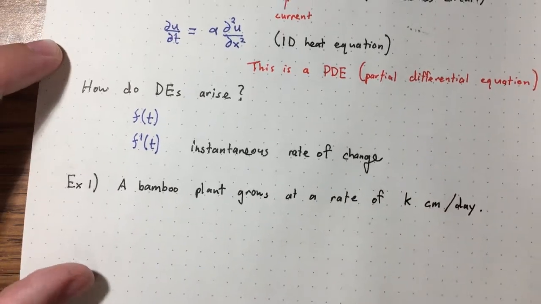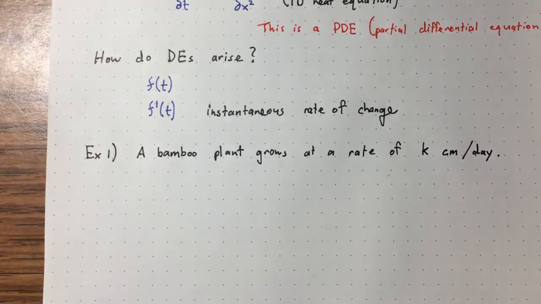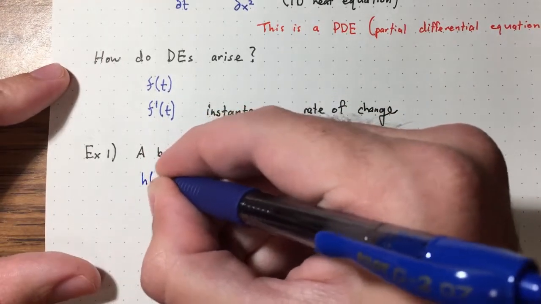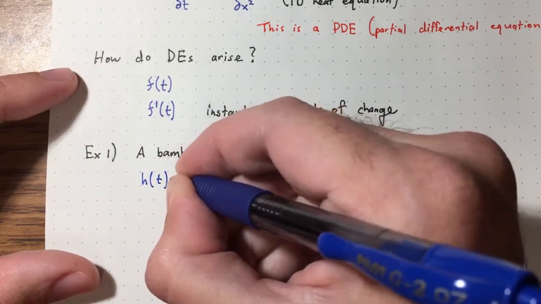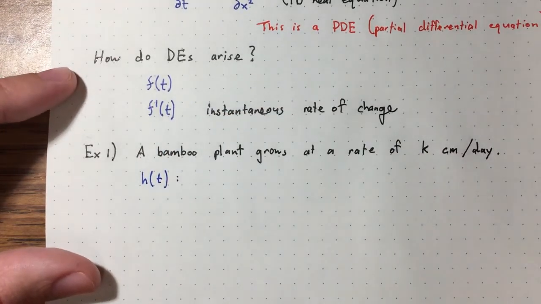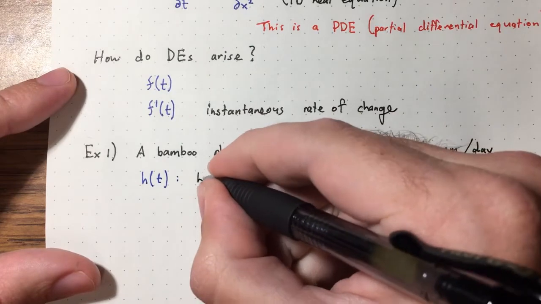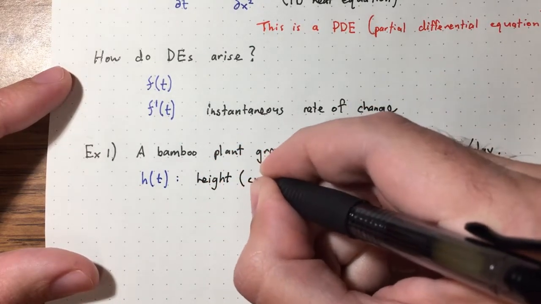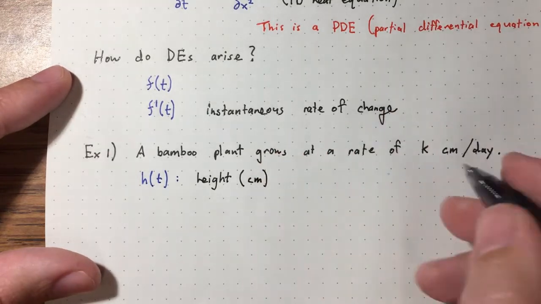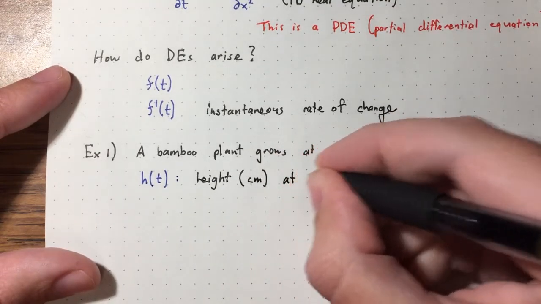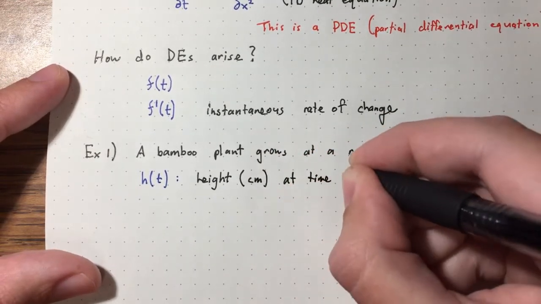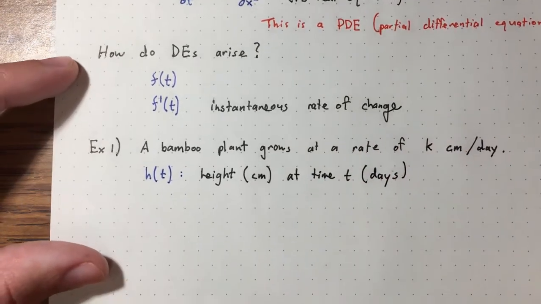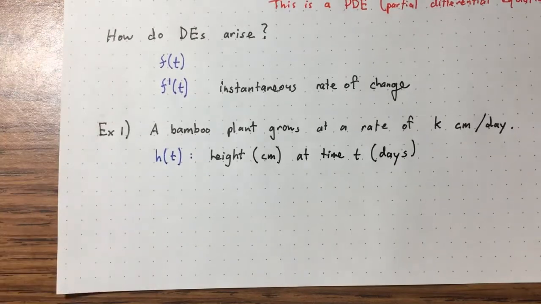And what we want to understand here is the height of the plant at any time, h of t. So h of t will represent the height in centimeters, let's say, at time t. And t is measured in days.